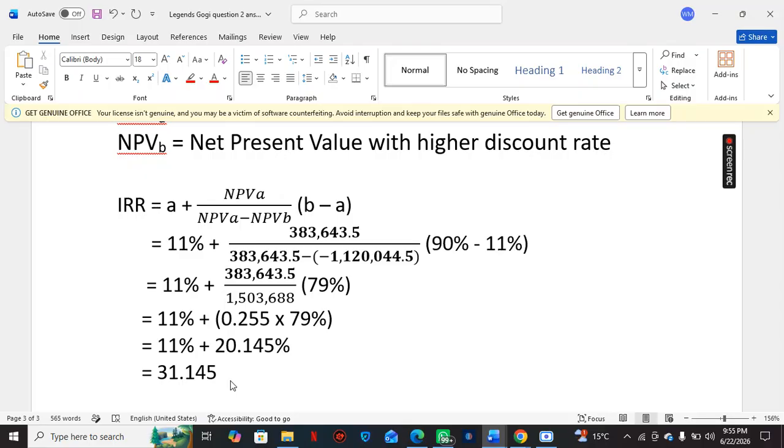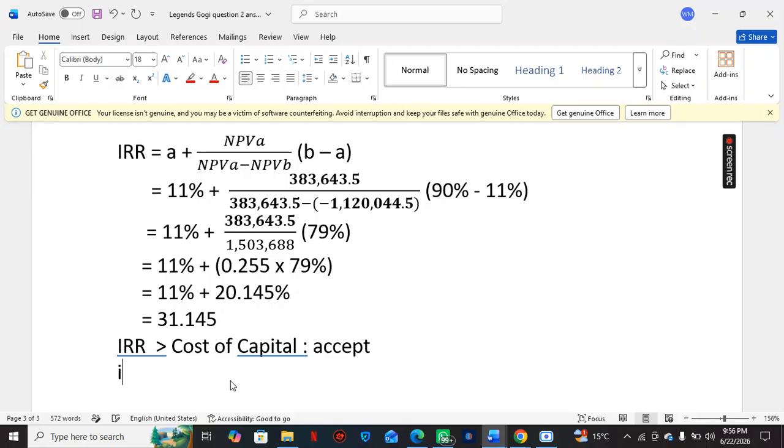So for the internal rate of return, if the IRR is greater than the cost of capital, meaning the project is generating you more than what it cost you to borrow that money, accept the project. But if the IRR is less than the cost of capital, meaning what the project is generating is less than the cost of financing, then you reject.